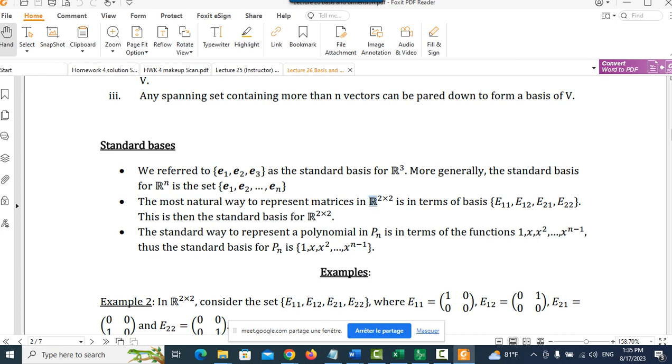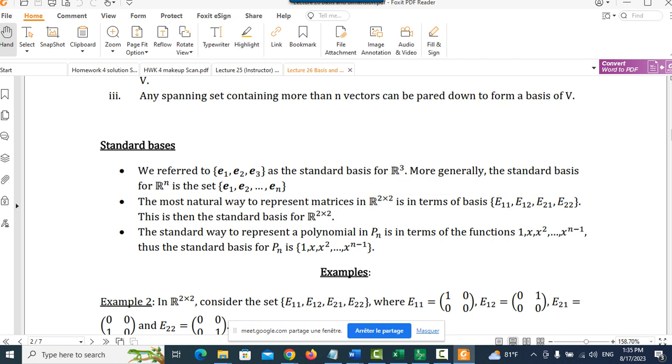Remember, R2 by 2 is the set of all 2 by 2 matrices, the collection of all of the possible 2 by 2 matrices that can exist. That set has a basis, and it is given by these matrices. We'll see them in the example below.